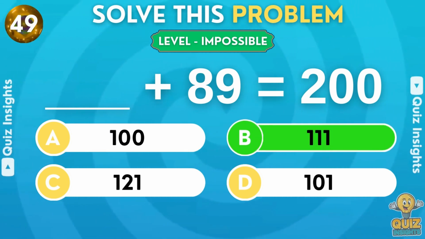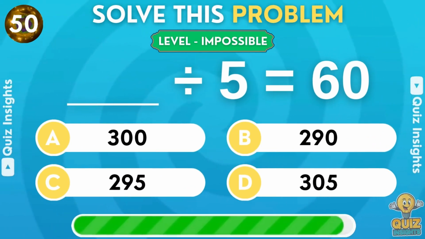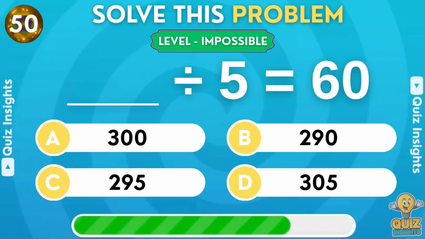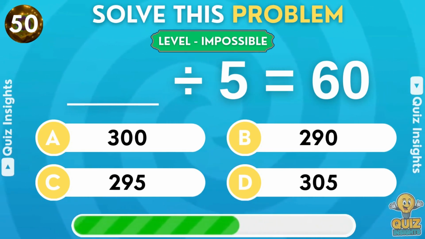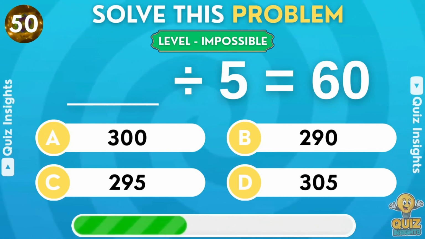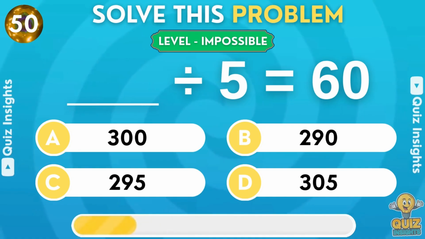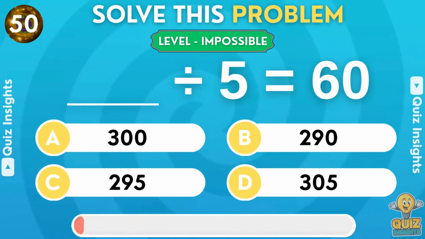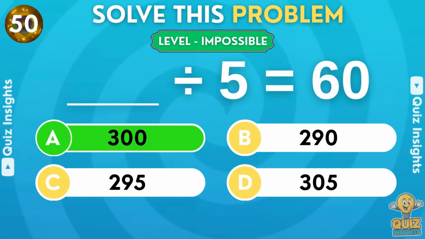It's 111. What number divided by 5 equals 60? Correct answer is 300.